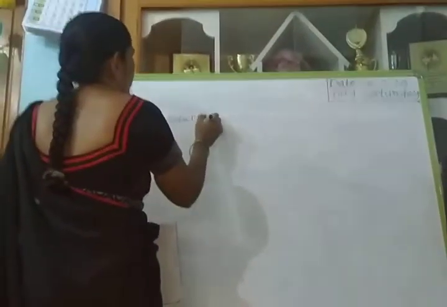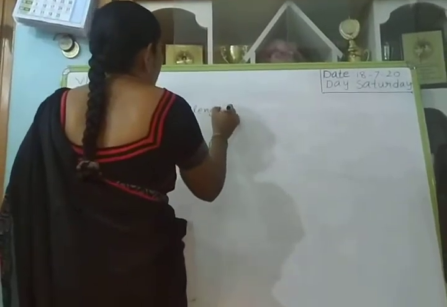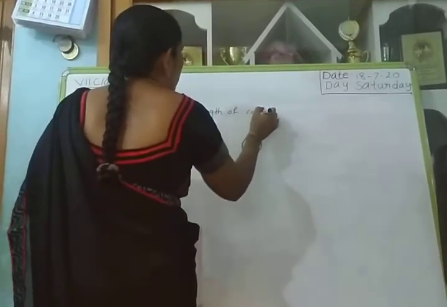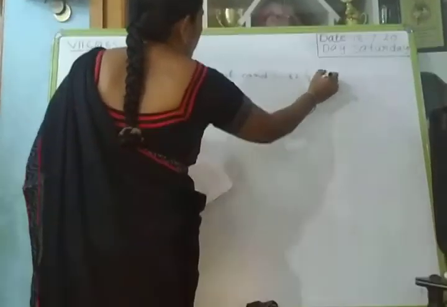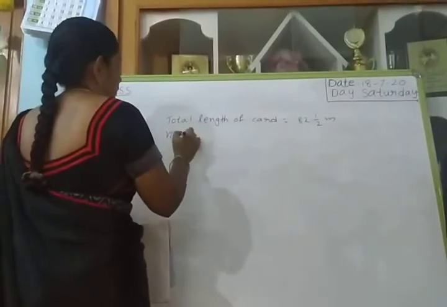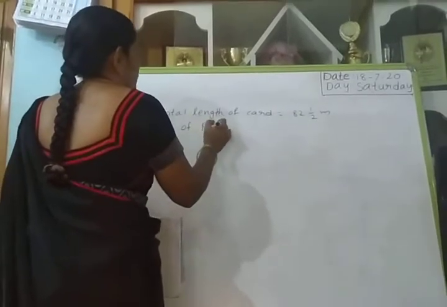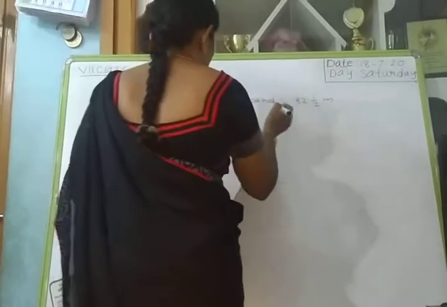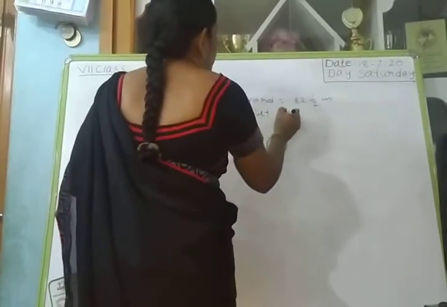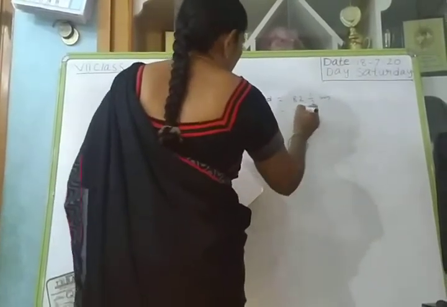Given total length of cord, how much? 82 1 by 2 meters. Number of pieces cut: 30 equal pieces.